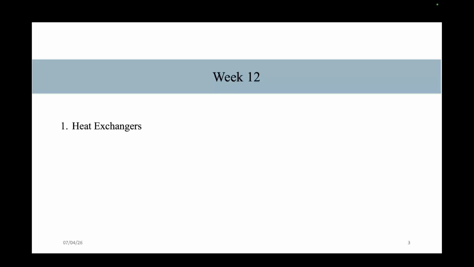In this boiler, how the boiling phenomenon is happening, that thing we have discussed. Now this boiler is also a type of heat exchanger, so we will discuss the various types of heat exchangers and their applications, and why these types of heat exchangers are used and for which purpose. That thing we will discuss today.